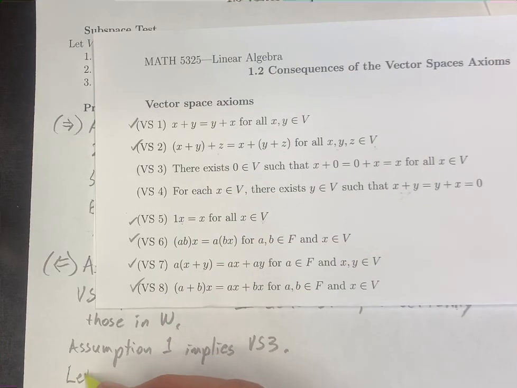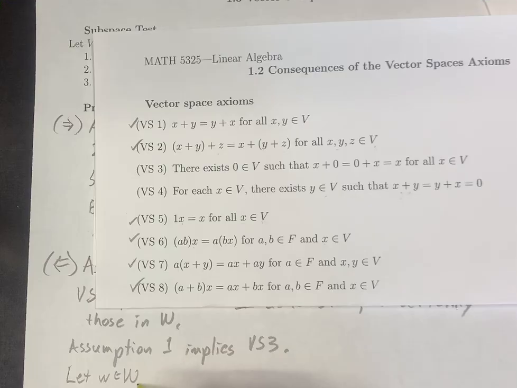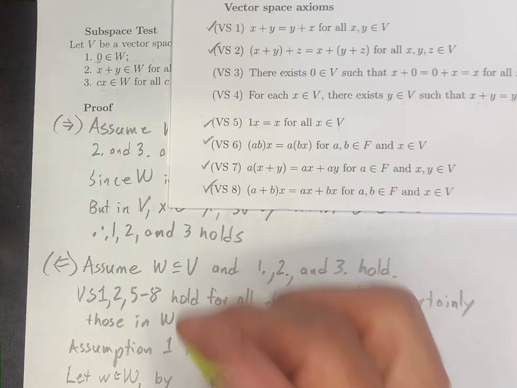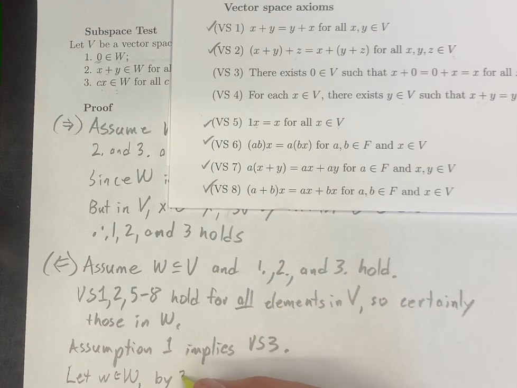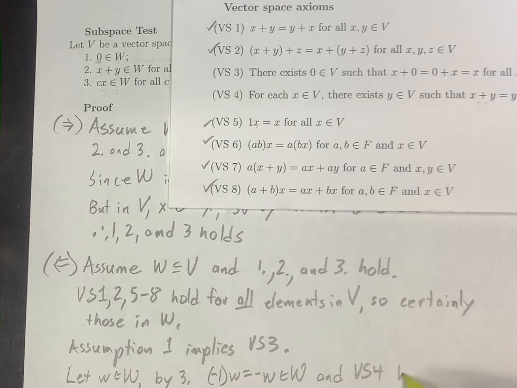So let W be an element in W. For any element in W, is there an inverse in W? Well, by 3, -1 times W, which, if you remember from section 1.2, is negative W, is an element of W. And VS4 holds. Therefore, W is a vector space.